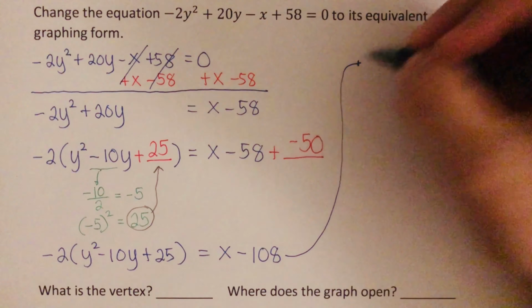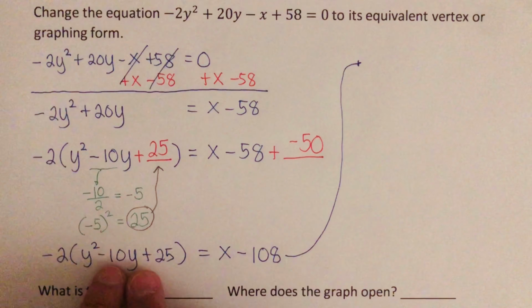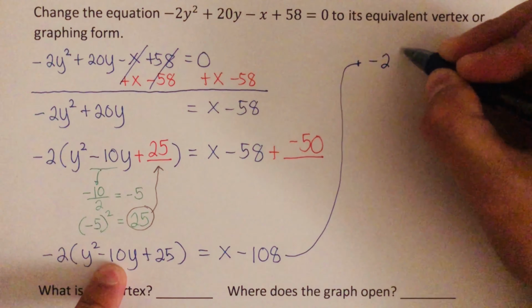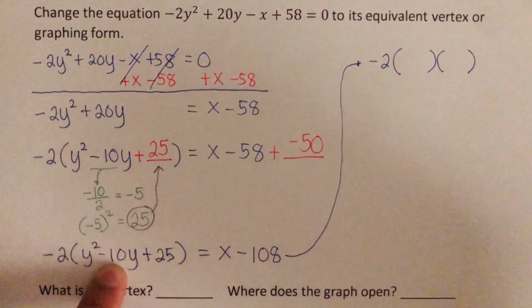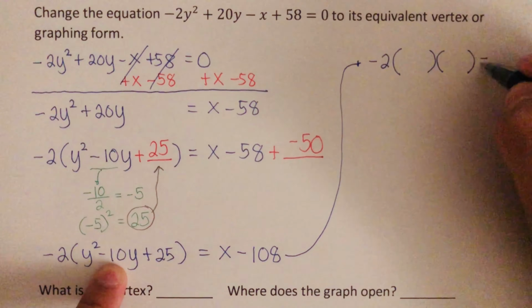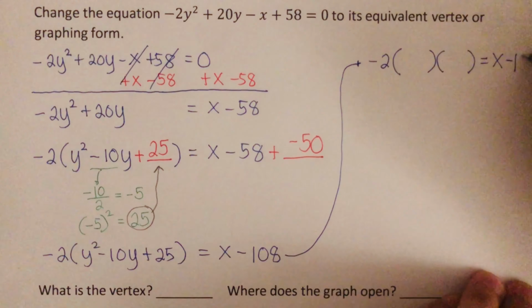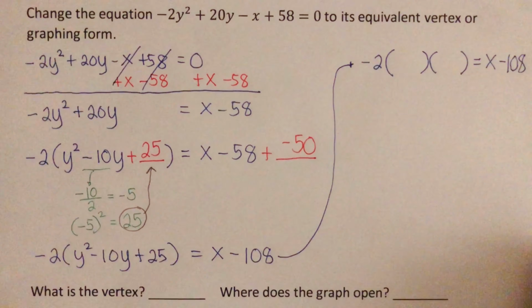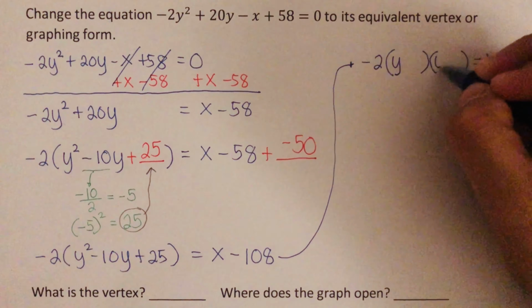We simplify this. So we can go ahead and we can factor this out. Again, you can use the box and diamond for this, but I give you a trick. So that would be -2. And then it's going to be the 2 factors right there. So I put 2 parentheses, and then that is equal to x minus 108. So I'm just gonna write 108 right here. So then I can go ahead and get the factors. Again, it should be y and y. So I put y and y right there.